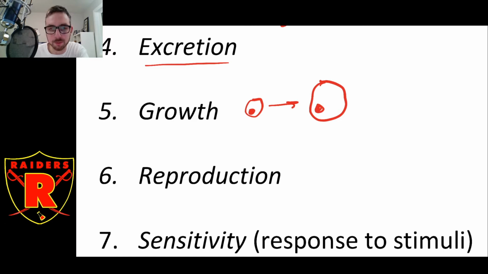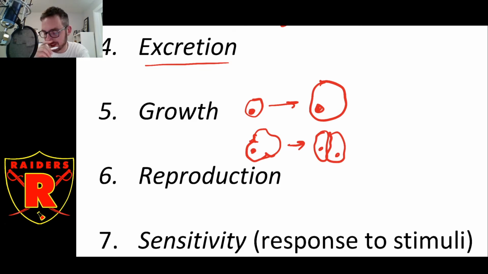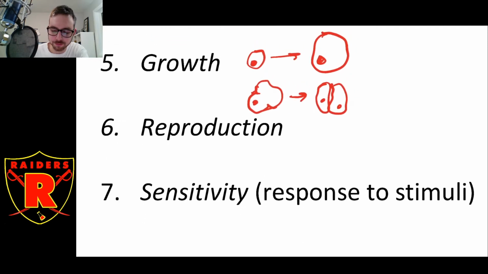Or if you're a multicellular organism, you do a little bit of that cell growth, but more often your cell is actually going to split into two cells. So the growth actually comes from cell division, as opposed to just making your cells larger. So either way, growth is being exhibited by the organism. So every living thing has some form of that.